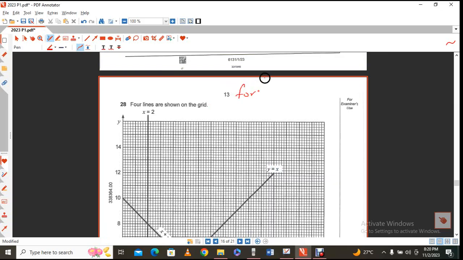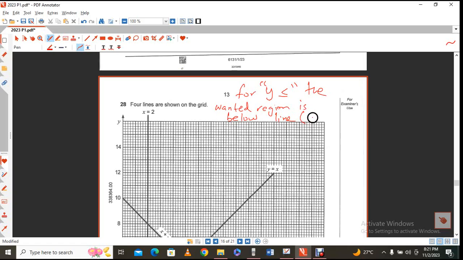For any line where you have y is less than or equal to, the wanted region is below the line.